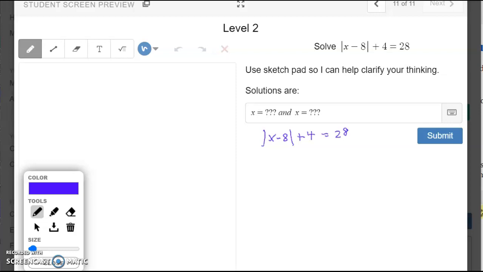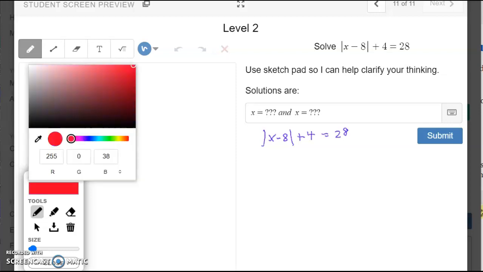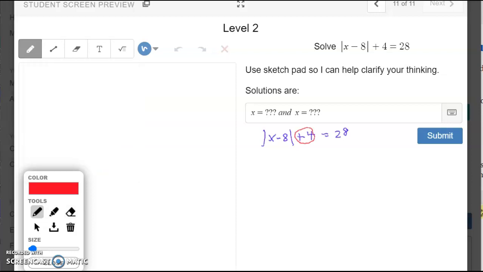So I want to get rid of this plus 4. What is plus 4 doing to my absolute value? It is adding 4. So I need to subtract 4 from both sides, and that leaves me with the absolute value of x minus 8 is 28 minus 4, which is 24.